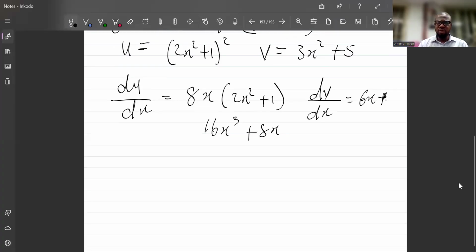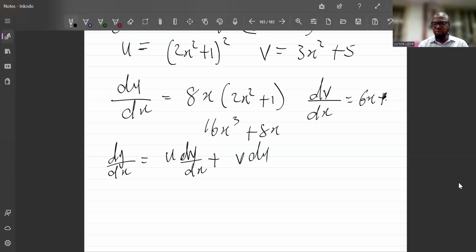Now when I apply the formula that states dy over dx equals u dv over dx plus v du over dx, I will leave u and differentiate v. That is what it means.